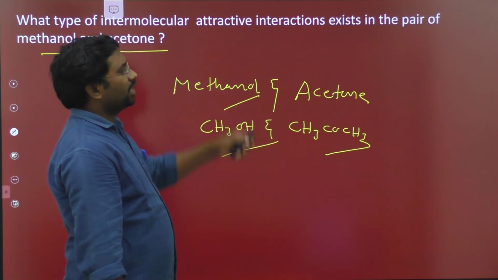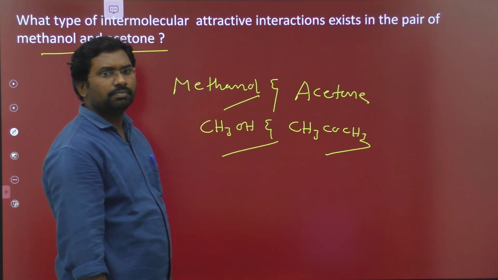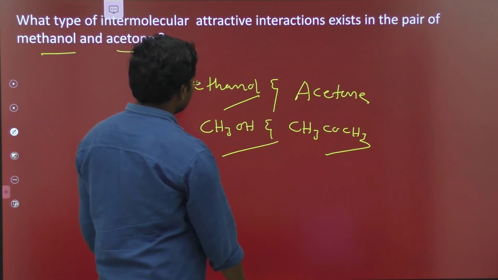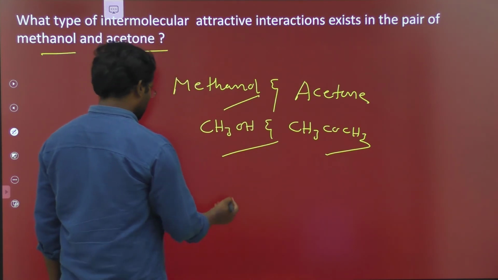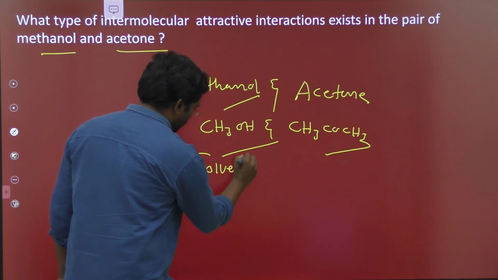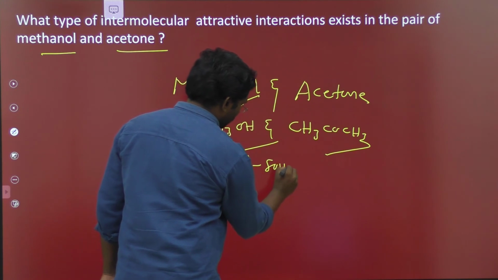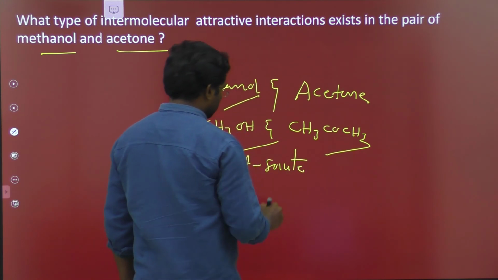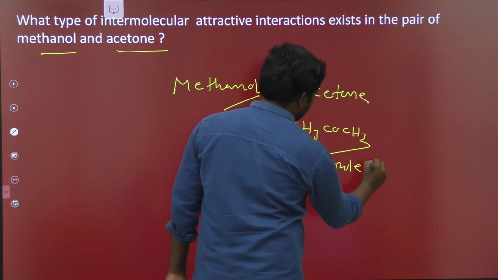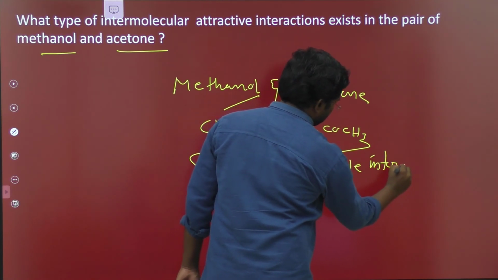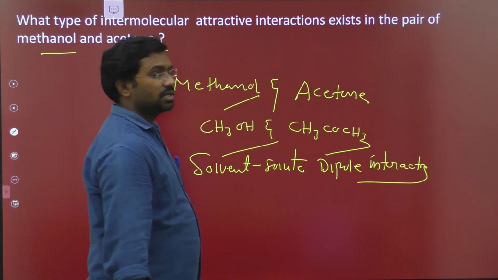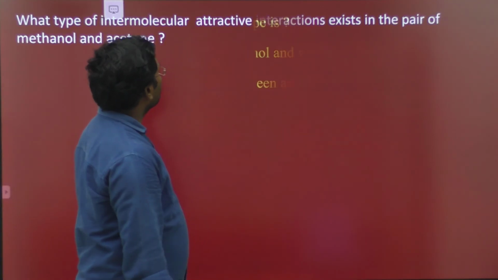So what type of attractive interactions are present between them? Solvent-solute dipole interactions are present between methanol and acetone.